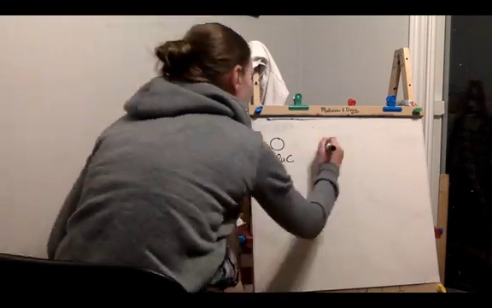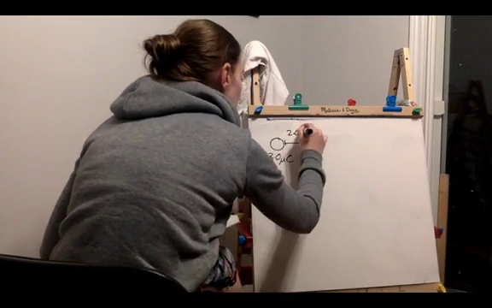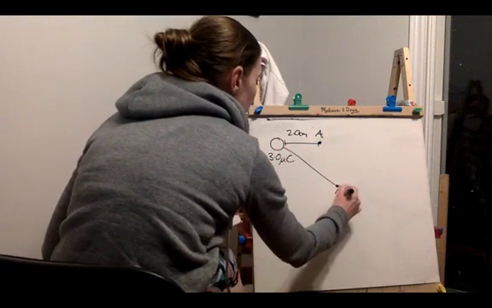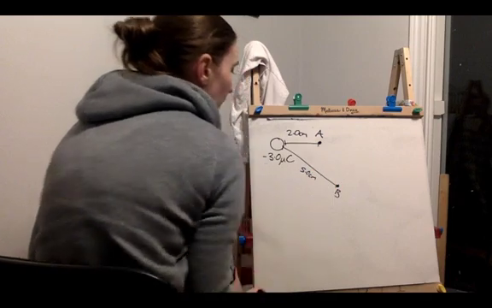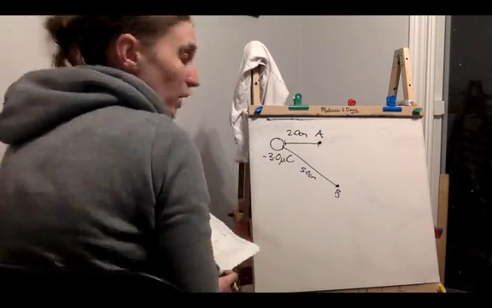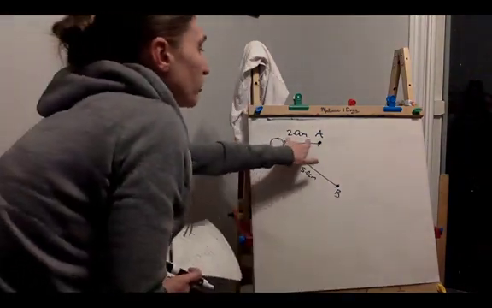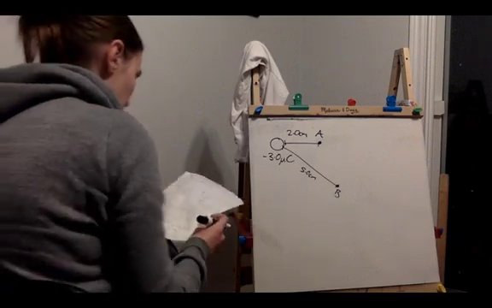We have point A over here, and that distance is 2 centimeters away, and then we have point B down here, and that distance is 5 centimeters away. We're going to find the electric potential difference for point A, for point B, and then we're going to do the difference between them.